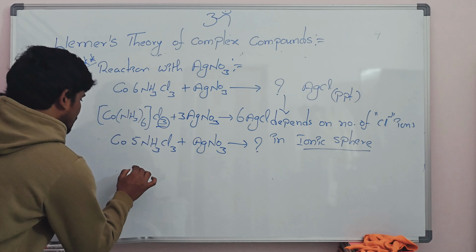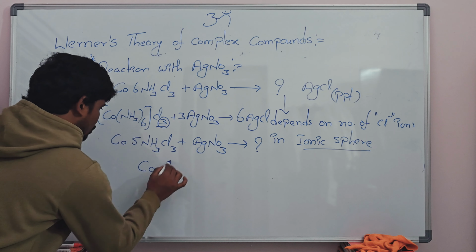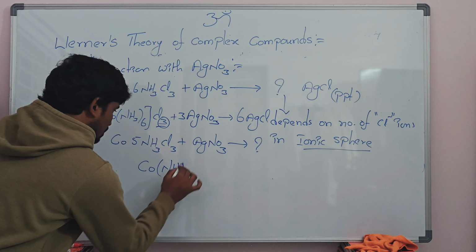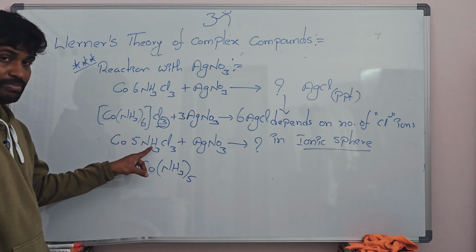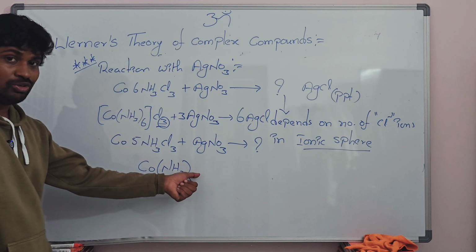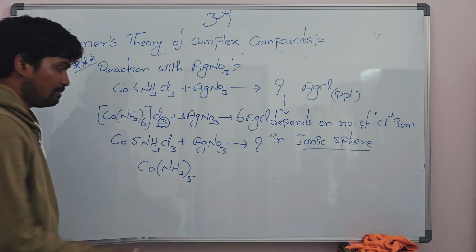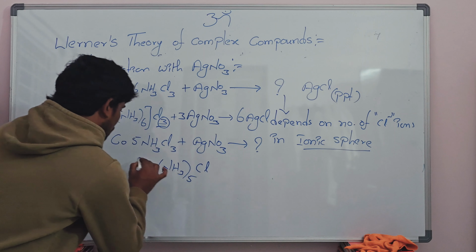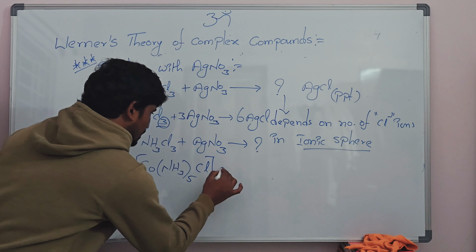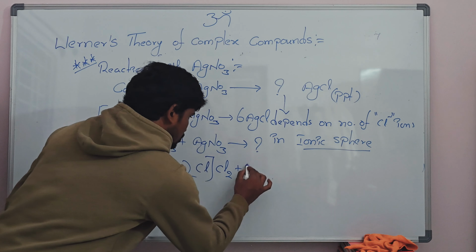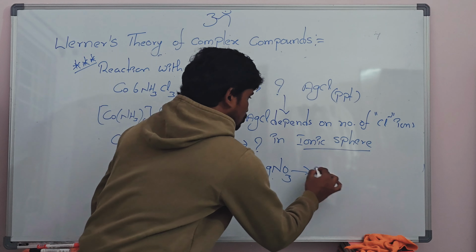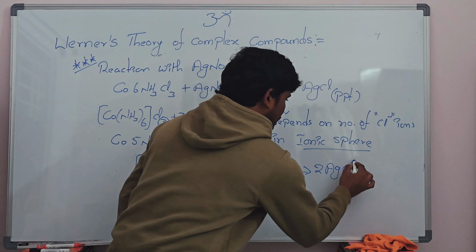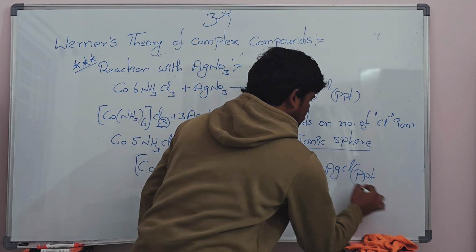So in this complex, Co(NH3)5, we need to balance the 6 ligands. Amines, how many are present? 5 are present. So 1 chlorine is included in the complex sphere, and 2 chlorines are present outside. So 2 moles of silver nitrate are needed. Then 2 moles of AgCl precipitate are formed.